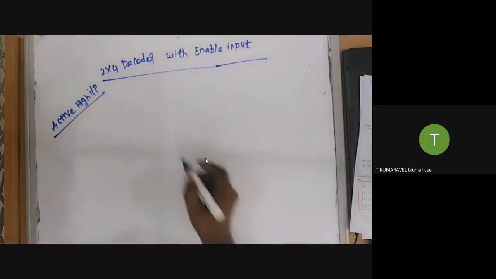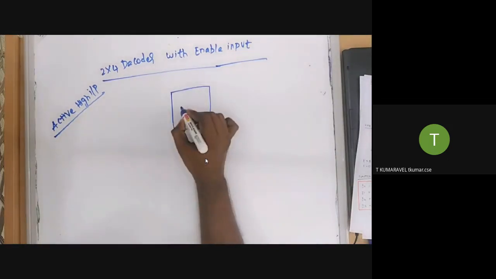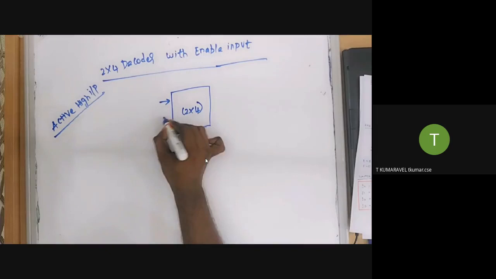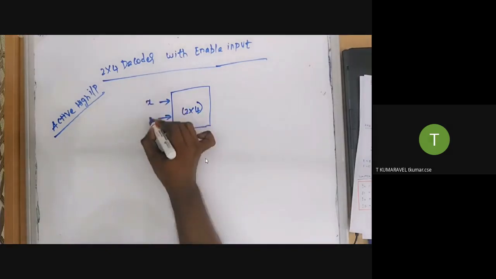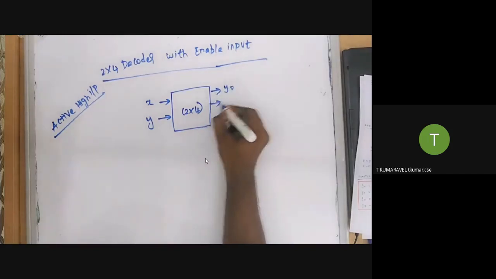Okay, what is the meaning? That is the same circuit, similar to the previous one, but it has one extra input that is called enable. It takes a 2-bit variable as input, and then it generates outputs y0, y1, y2, and then y3.